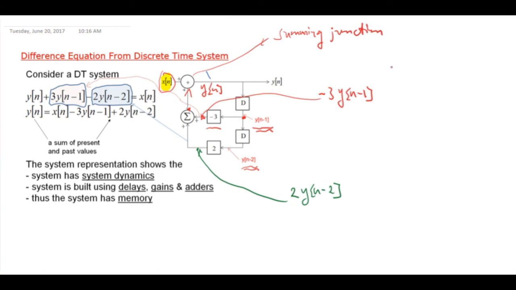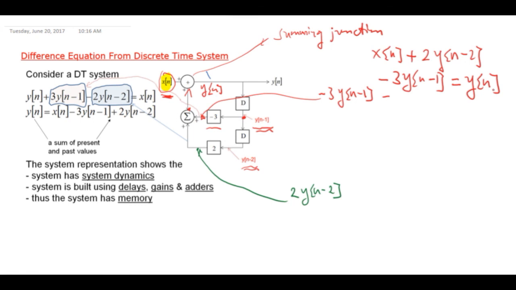Alright. So because of that, what we can see is x[n] plus 2y[n-2], and then plus minus 3y[n-1]. The sum of all things together equals y[n].